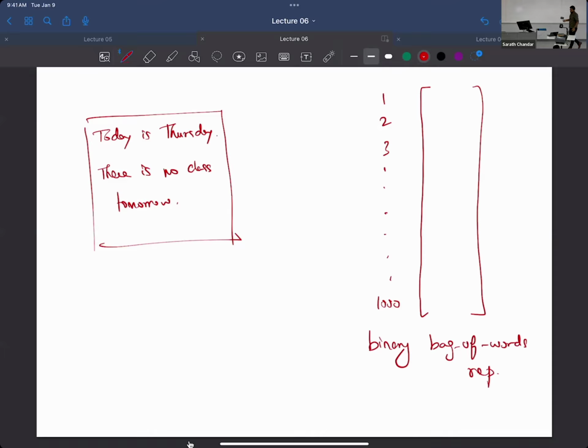For example, let's say today is here, so then you put a 1 here. Let's say is is somewhere here, you put a 1. Is appeared twice. However, I'm still putting 1, because we are using binary features. And maybe there's a Thursday somewhere here, I'll put a 1. So for every word that appears in the document, you put a 1, and for the rest, you fill 0.